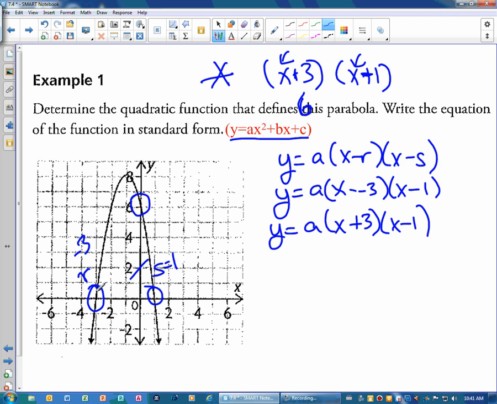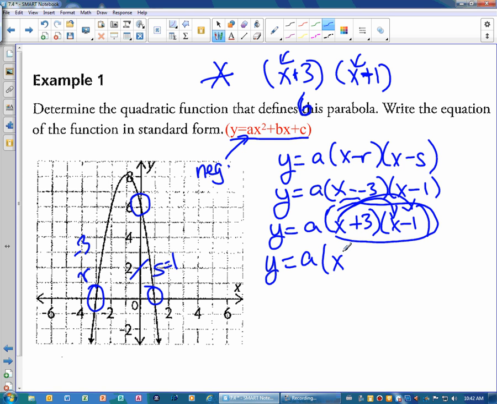Okay, now remember how my graph opens downwards? A has to be negative, my letter at the beginning. So I'm going to ignore A for a while, and I'm going to expand this. So in Math 10, we called that foiling. We went this times this times this. So I have x squared minus x.